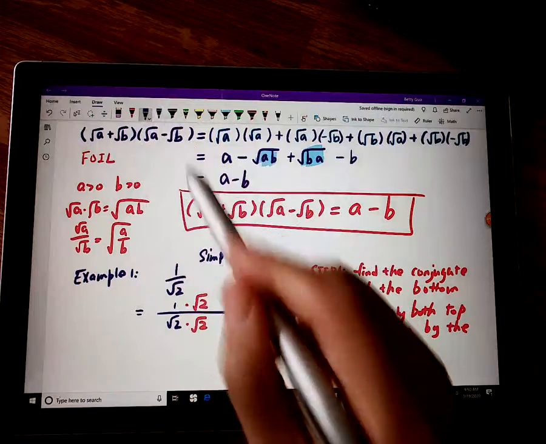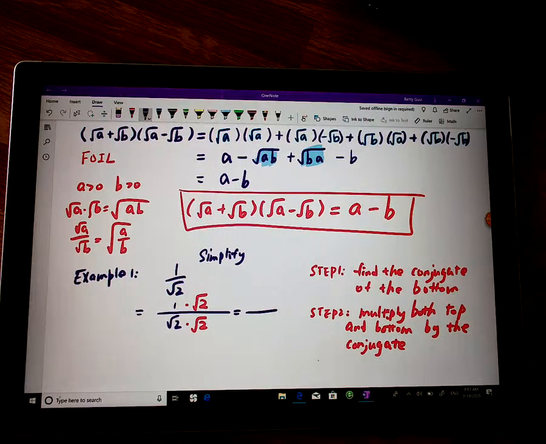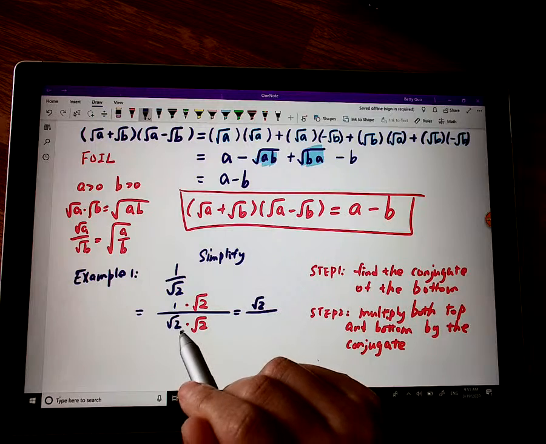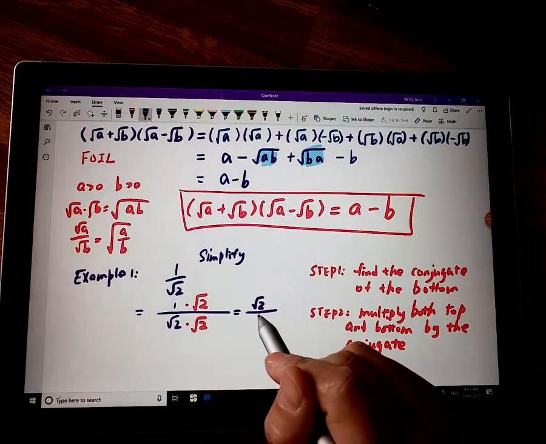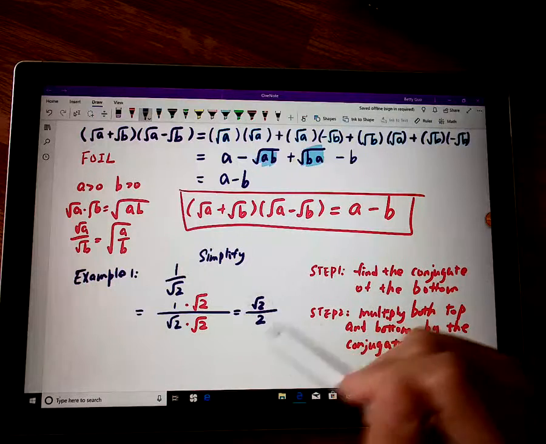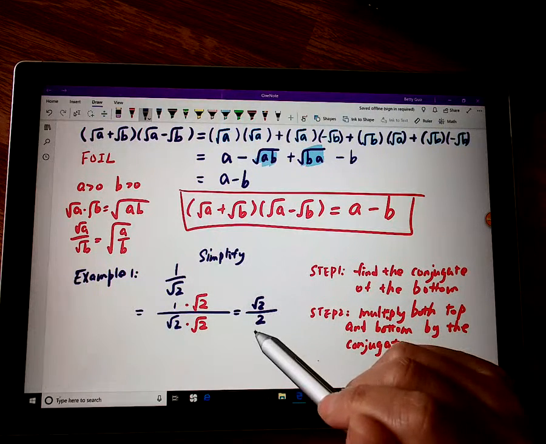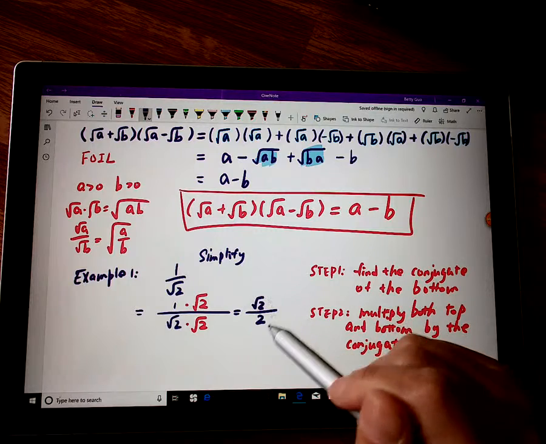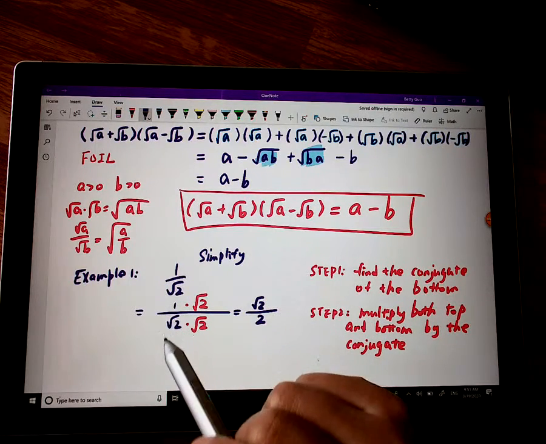All right, so let's see what we have. In the numerator, we have 1 times root 2, that is root 2. In the denominator, we have root 2 times root 2, that is 2. And we're done, because the new expression has no radical on the bottom, and it is equal to the original radical expression, right?